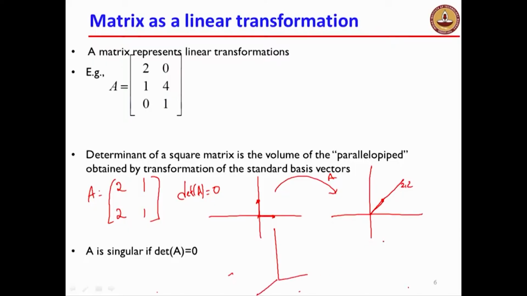So after transforming you have these 3 vectors over here, all lying on one plane, and therefore instead of forming a full 3-dimensional parallelepiped, it forms only a 2-dimensional figure, and therefore the volume of that figure is 0 and the determinant is 0.